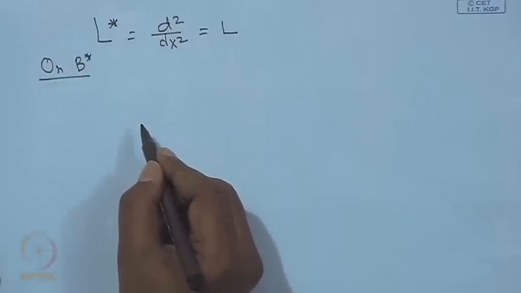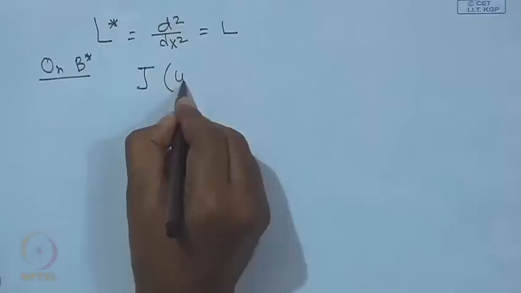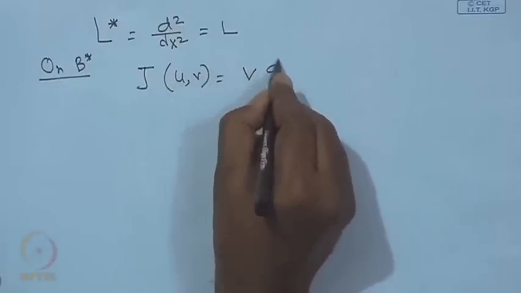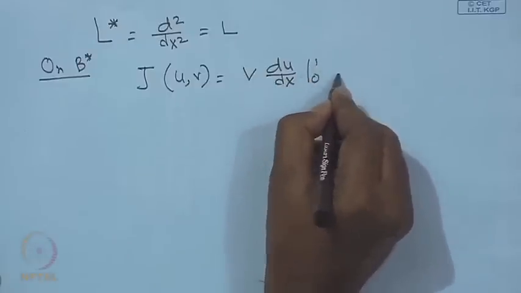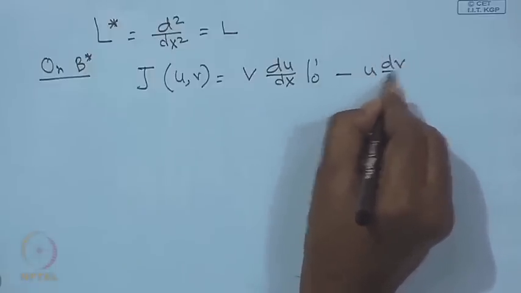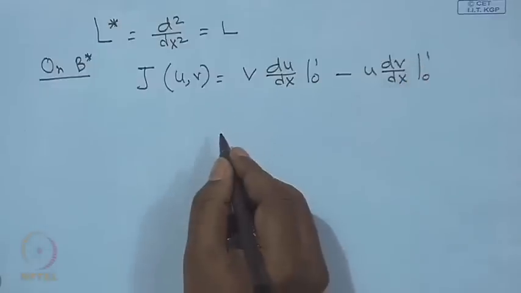If you check on B star, okay, so for that we have to very carefully look into the bilinear concomitant. So, J u v will be nothing but v du dx from 0 to 1 minus u dv dx from 0 to 1.